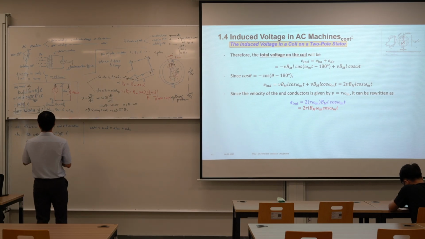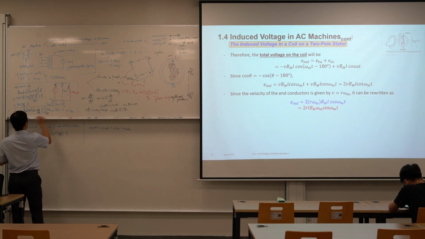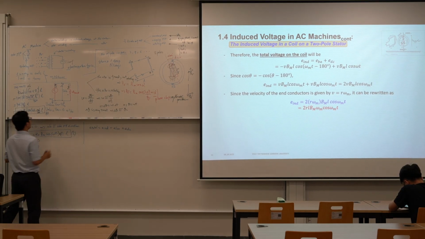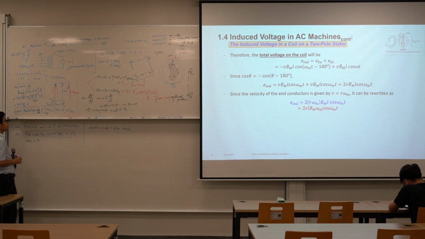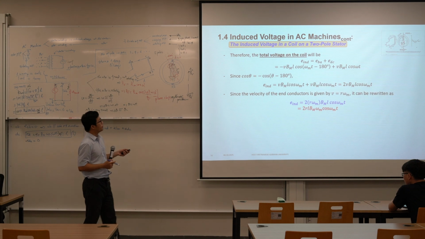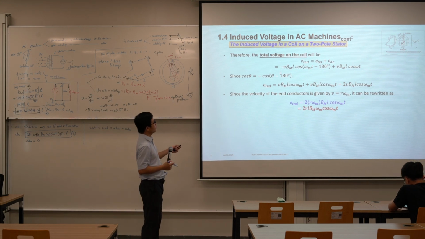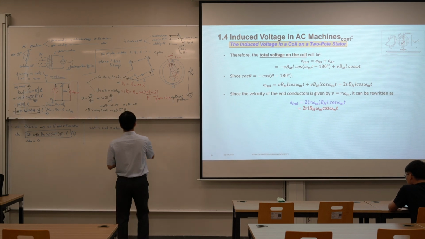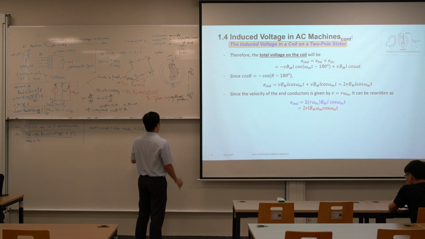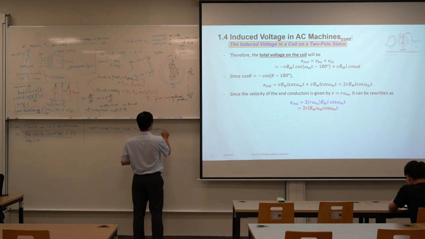That means you get formula 1 plus formula 2. After some modification, you can get 2 R L BM omega M cosine omega M T.